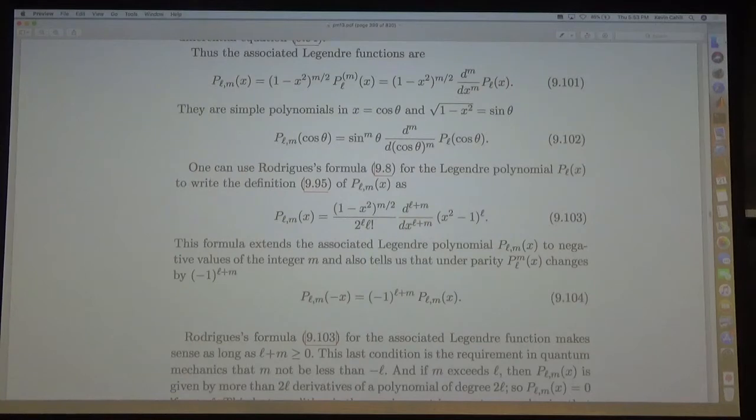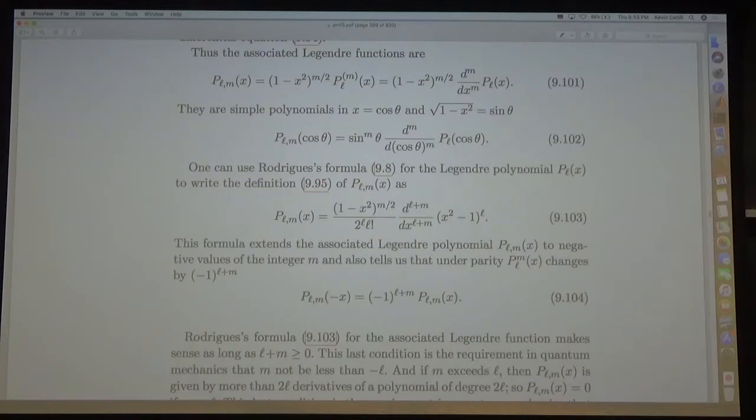So it's this expression here. And they're simple polynomials, as I said, in cosine theta and sine theta. Written in those terms, they're rather simpler. They're sine to the m, the mth derivative with respect to cosine theta of P_L of cosine theta.